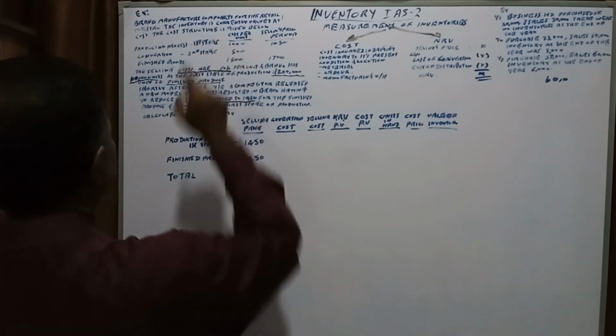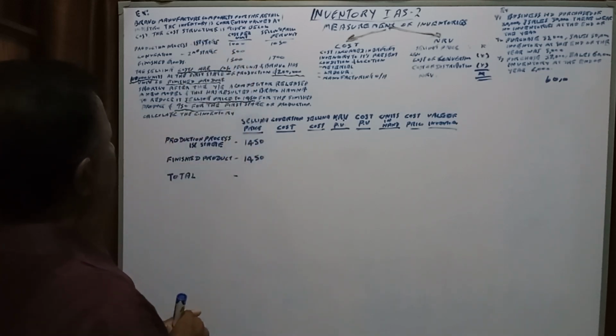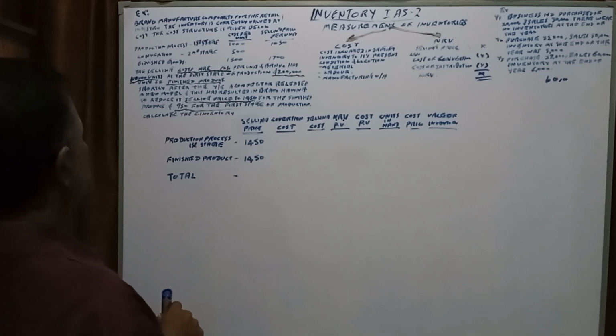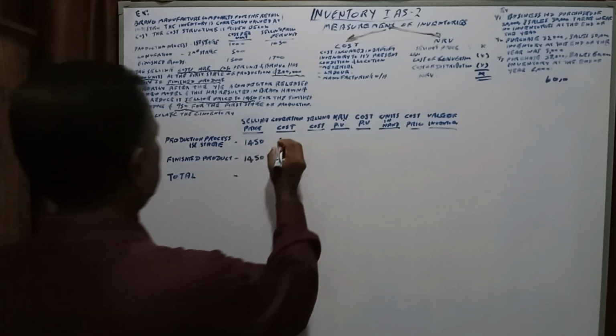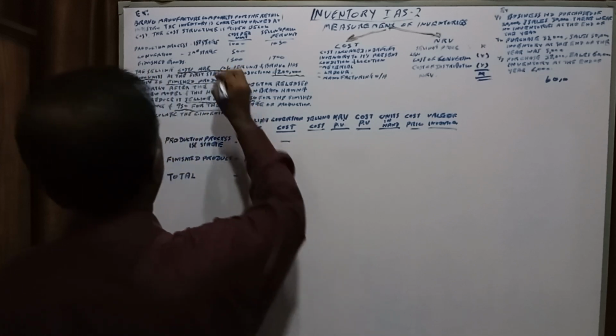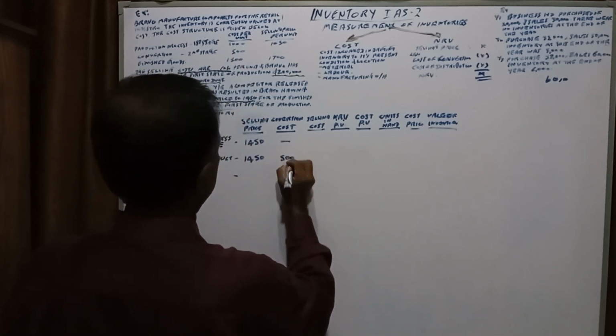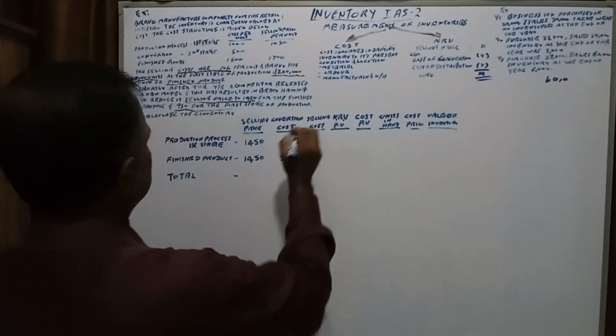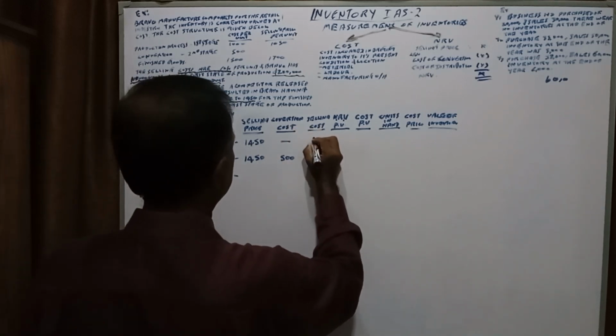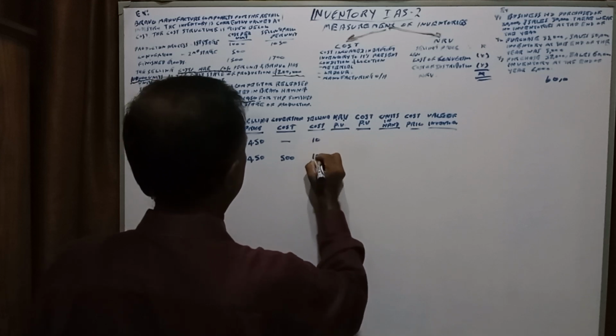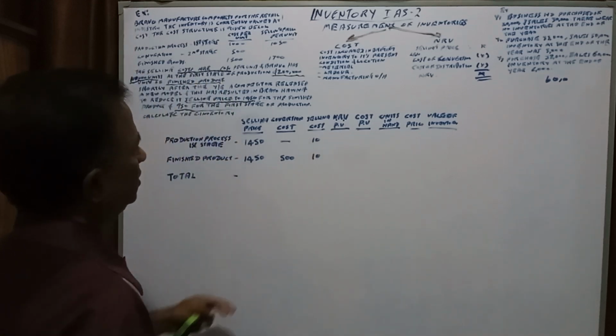What is the conversion cost? For production stage 1, no conversion cost. Then for the finished product, we have a conversion cost of 500. Here the selling cost is 10, which we have incurred.